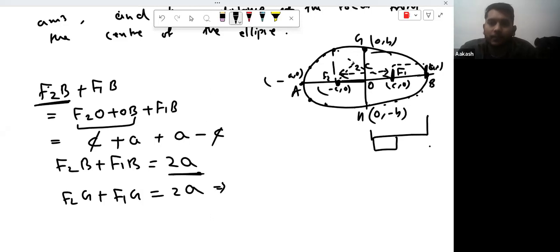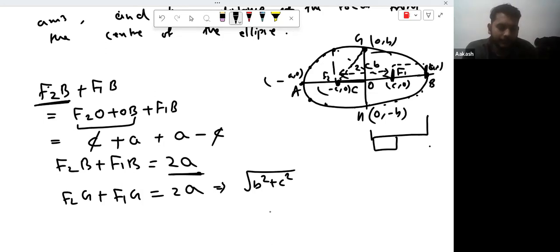F2G is the hypotenuse of this triangle F2GO. So this is c and this is b. So can I say F2G is the square root of b square plus c square? Yes or no?